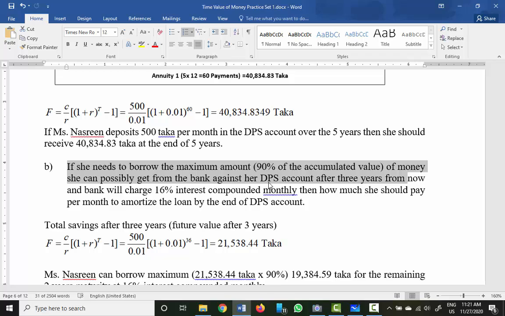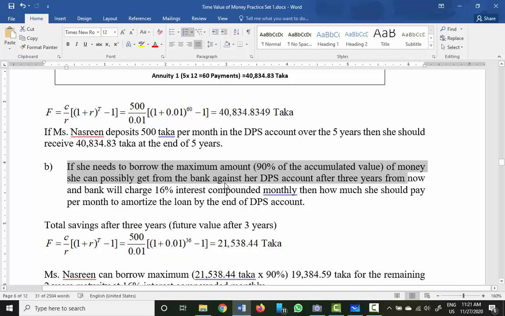So she has decided that instead of breaking or closing the DPS account, she will borrow some money from the bank against her savings in the DPS account.